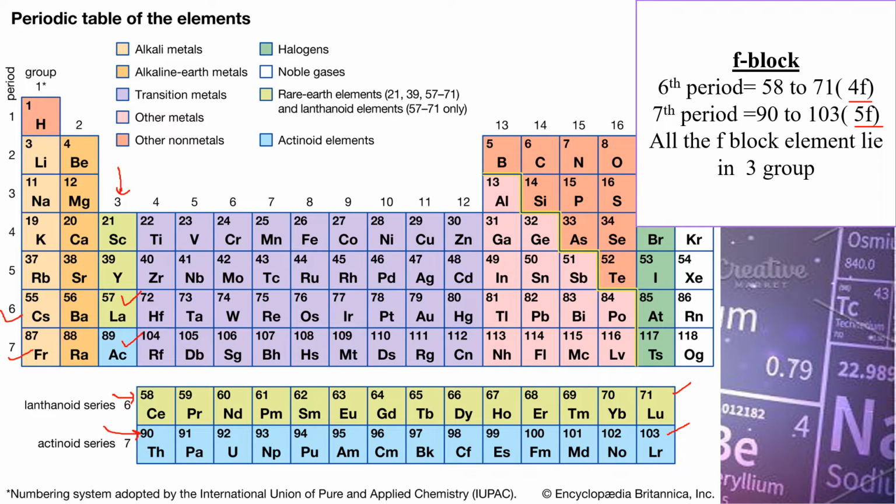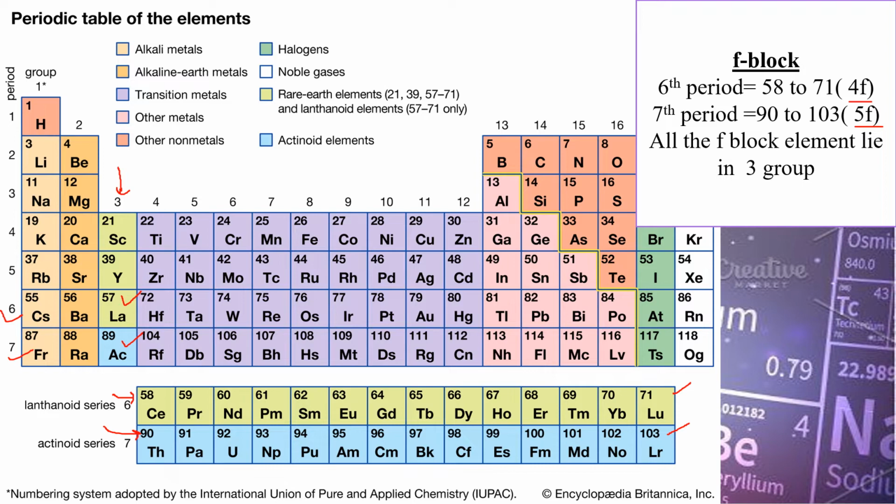Then the actinide series starts after 89, between atomic numbers 90 to 103. Either they belong to the 6th period or 7th period. So both these series belong to a common group, that is group number 3.